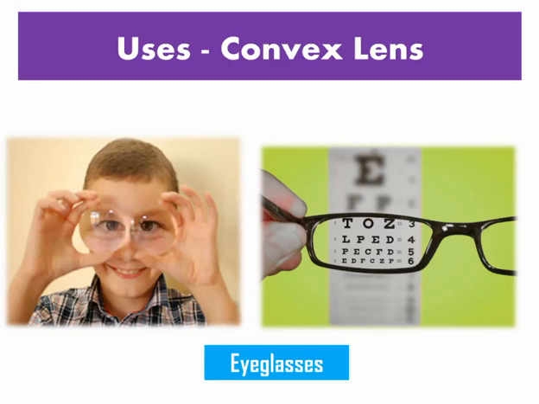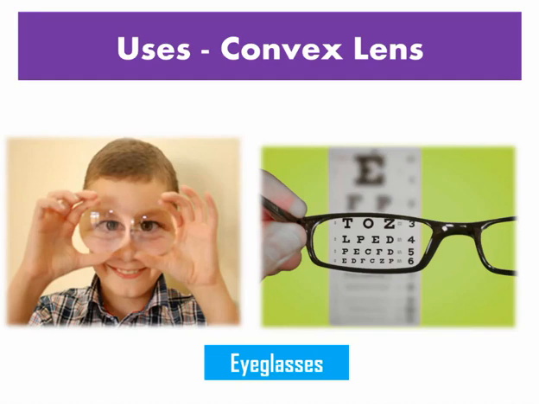For a person who is suffering from farsightedness, the image formed by the lens is far behind the retina. This makes it difficult for the person to see near objects as the lens is not capable of focusing the image in a proper manner on the retina.